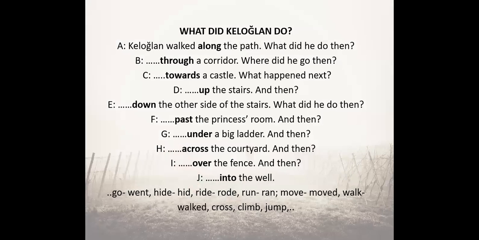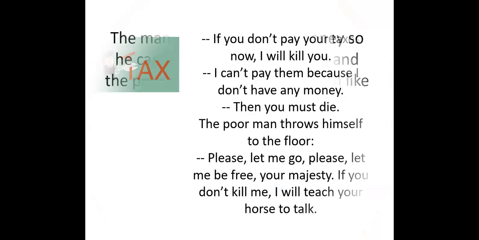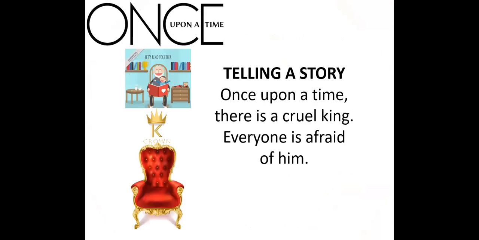We can transform it into past tense. Okay, let's do it. Let's go back to the beginning, and slowly let's change it into simple past tense. Once upon a time there was a cruel king.